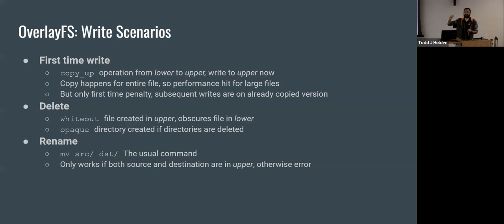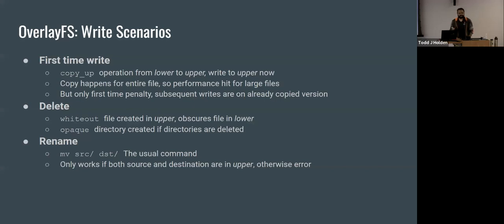And now you can write to the upper. The copy happens for the entire file, the entire directory has to be copied up. For larger files, it's a performance hit, it takes time. But obviously, this penalty happens only the first time. After you've done this copy-up operation once, it's fine, it'll always go to the copy.